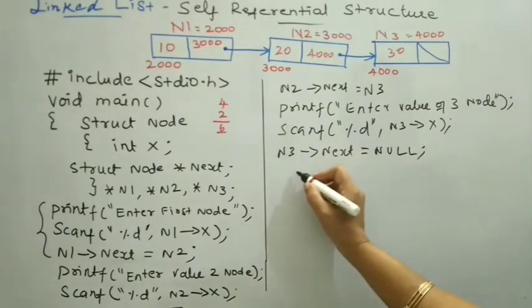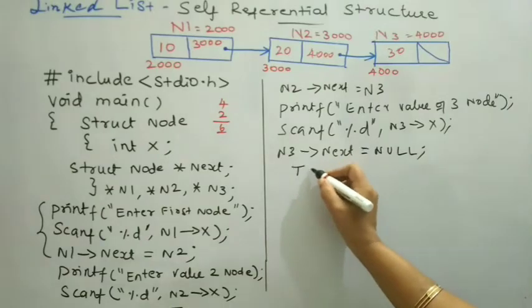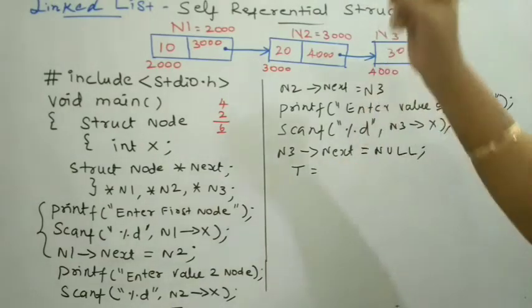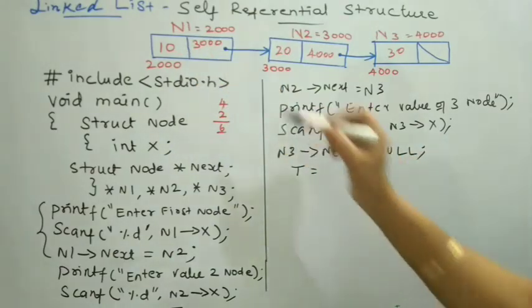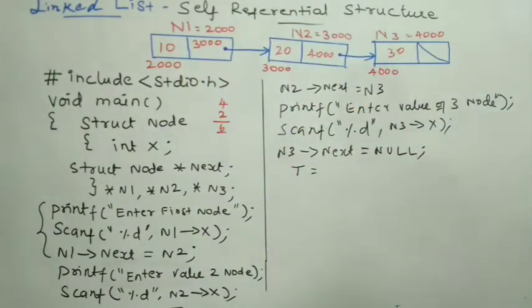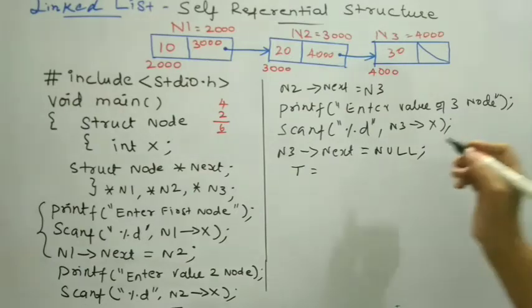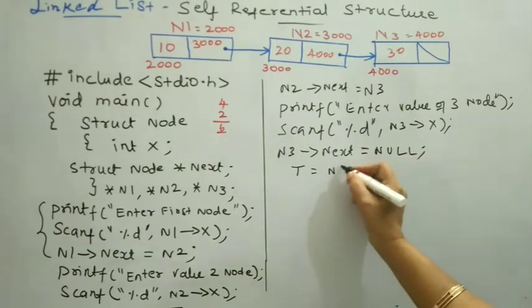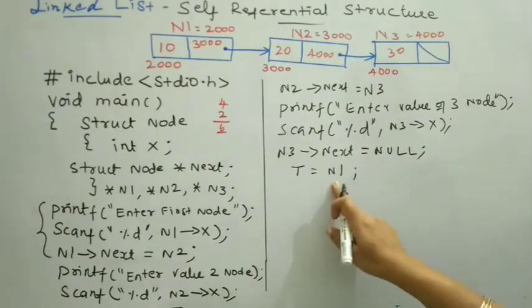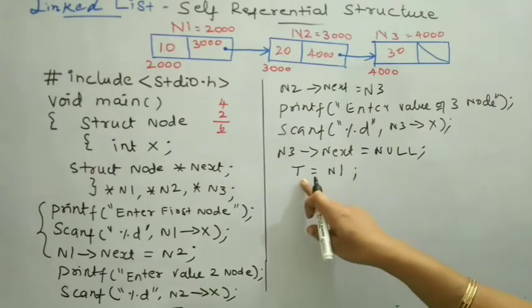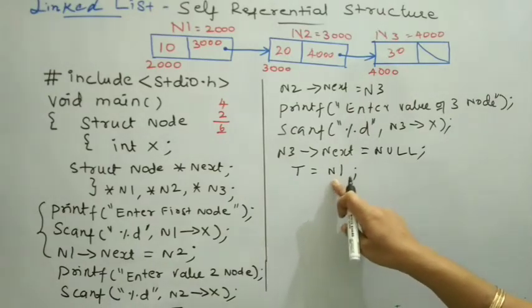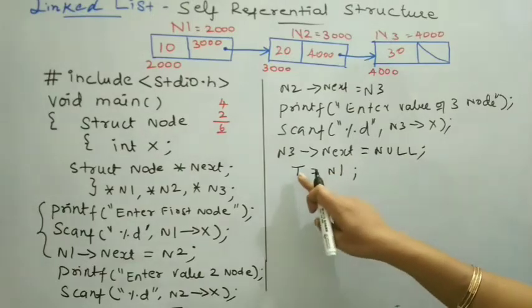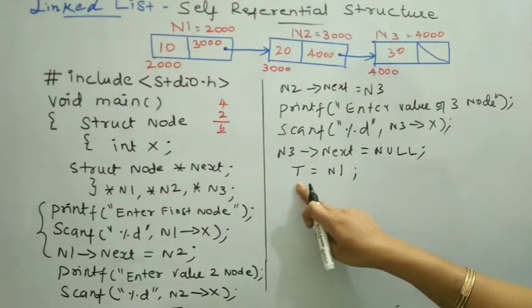For that, I am going to take a variable t. From the first node, I need to move to the first node. What is the memory address of the first node? It is N1. So I need to get the memory address of node 1 and assign it to a variable. If I am assigning the value of N1 to t, t should also be a pointer variable.